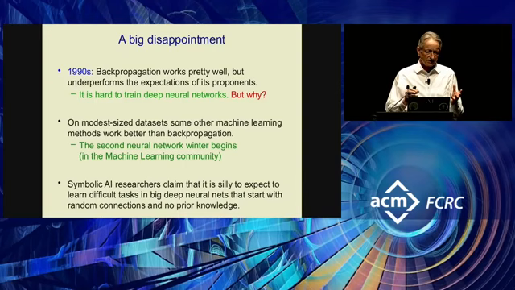When other learning algorithms worked better than backpropagation on modest-sized data sets, most people in the machine learning community adopted the view that what you guys are trying to do is learn these deep multi-layer networks from random weights just using stochastic gradient descent. And this is crazy. It's never going to work. You're just asking for too much.